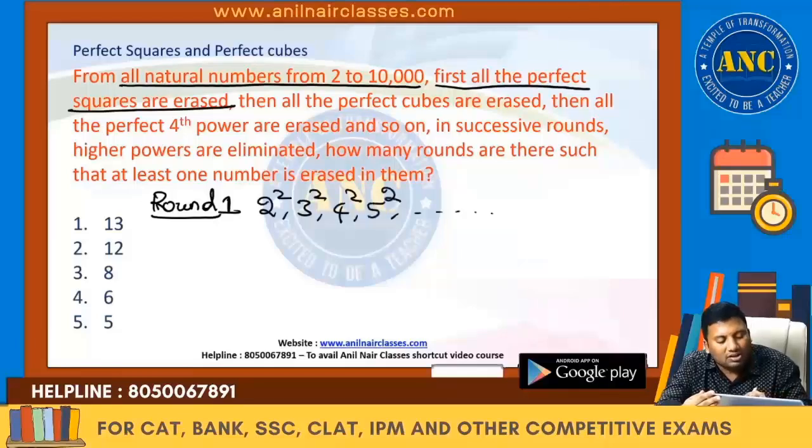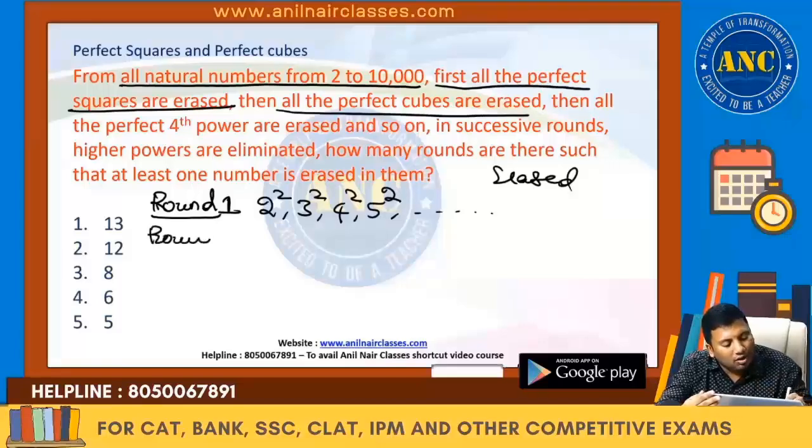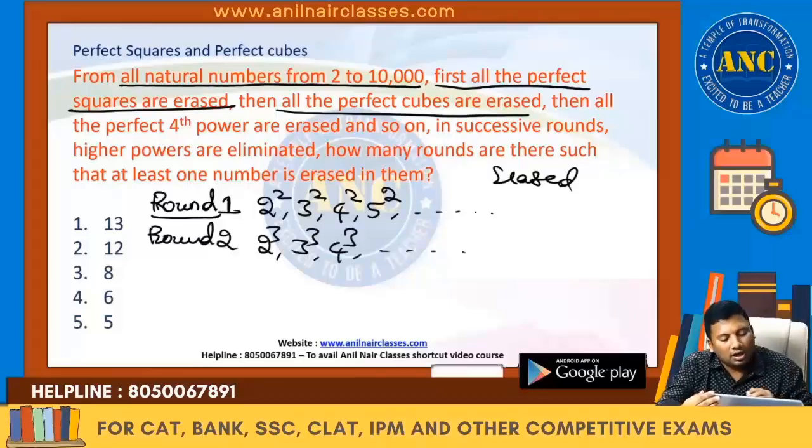All the perfect squares are erased. Clear? Then all the perfect cubes are erased: 2 cube, 3 cube, 4 cube, and so on. Clear? Then all the perfect fourth powers are erased.